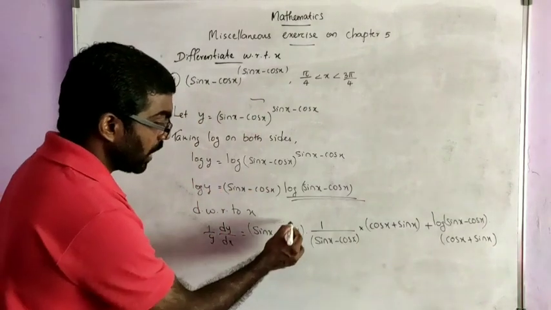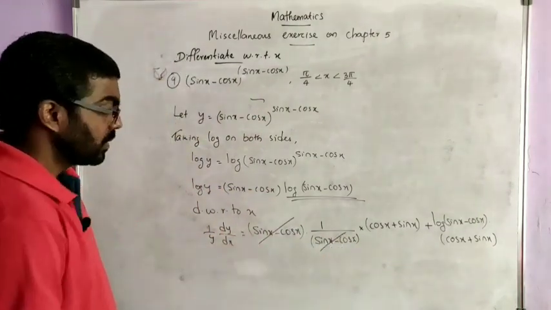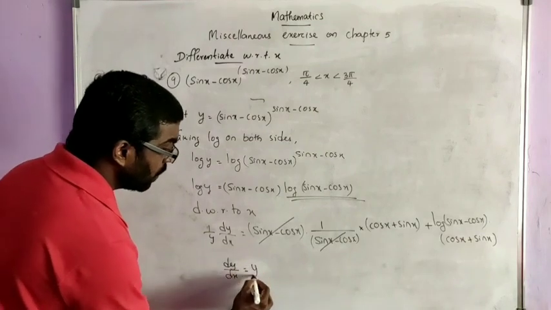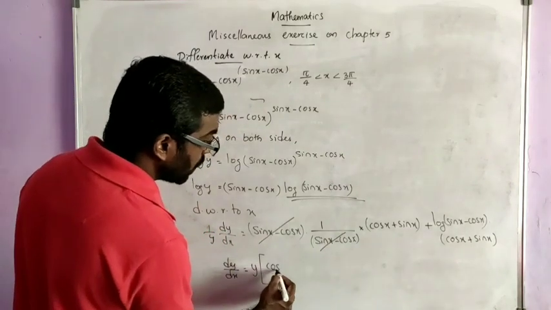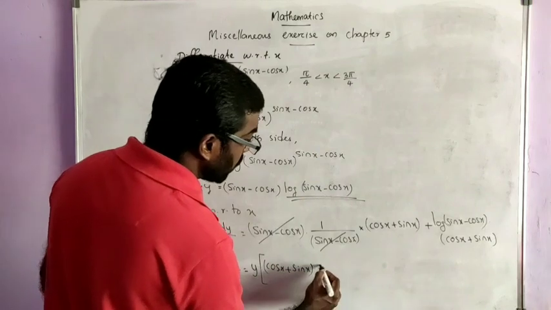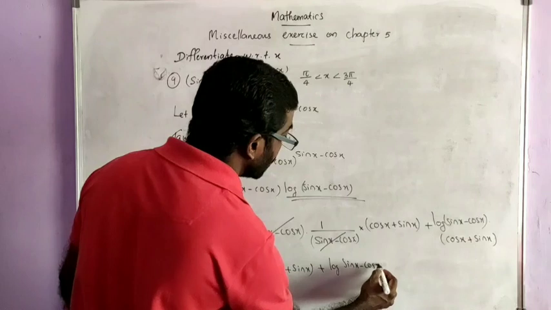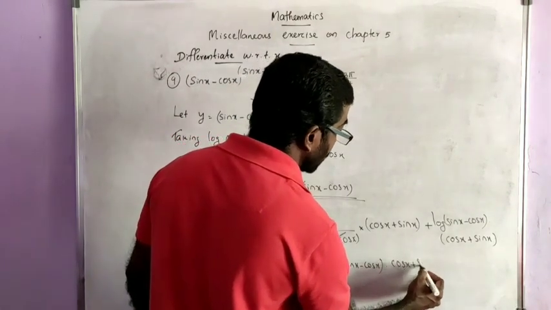Okay, here we can cancel (sin x minus cos x) and (sin x minus cos x). So we can write dy by dx is equal to y into, here the remaining term is cos x plus sin x, then plus log of (sin x minus cos x) into (cos x plus sin x).